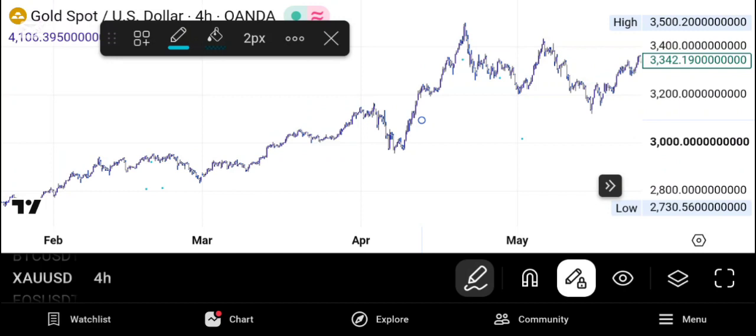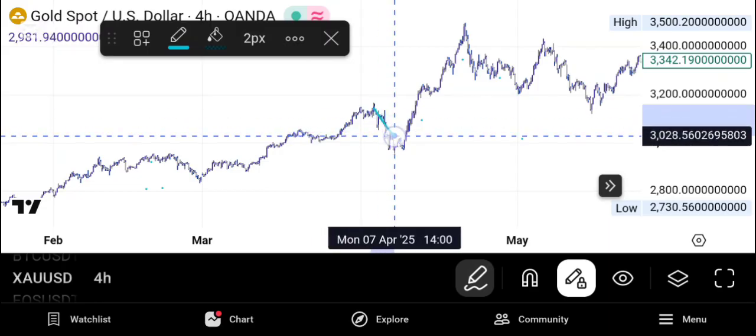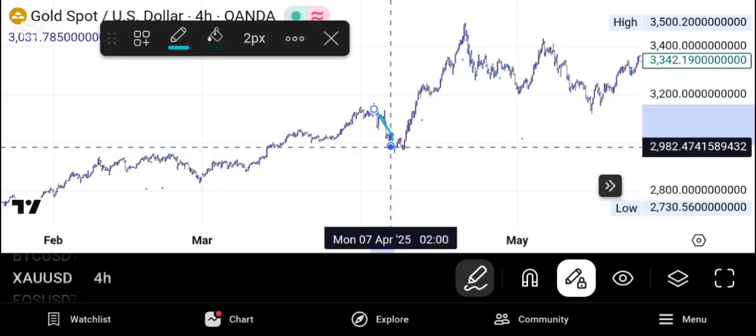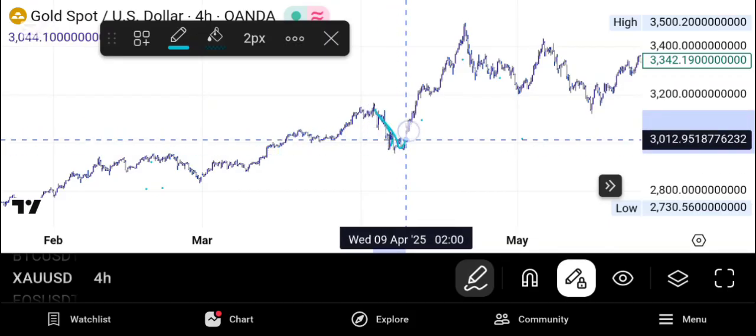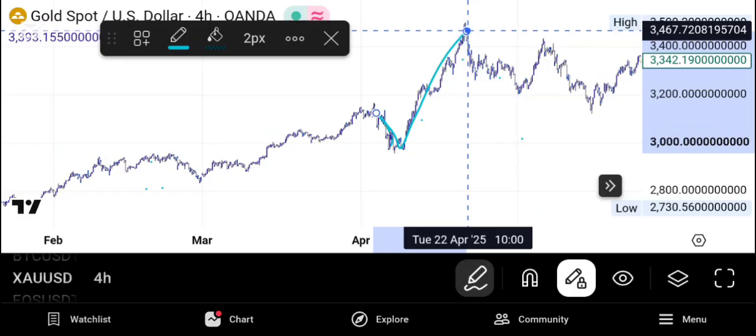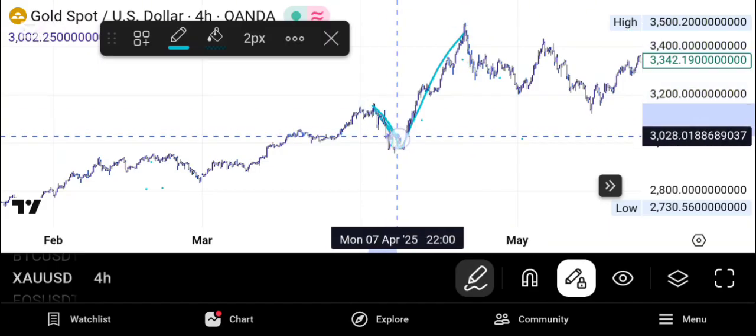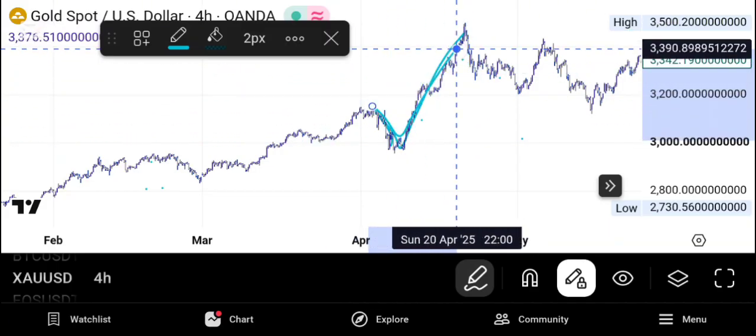Where do we call correction? Where do we call corrective zone? That zone that price fell to and later took us up. Let me explain something. Price works with previous actions, like what has already happened on the chart. We want to pay attention to that before we make our new decision.